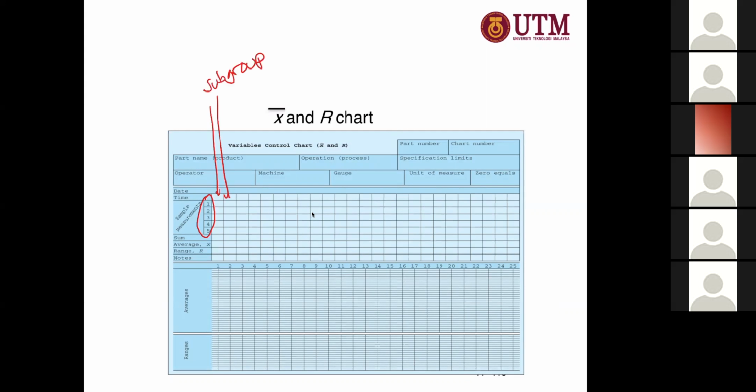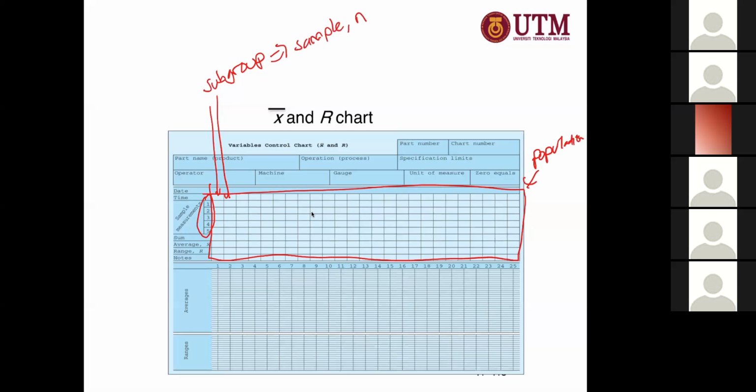And the entire population of this is what we call population. And in the subgroup, we have sample. Denoted by n, small n, and population is capital N.